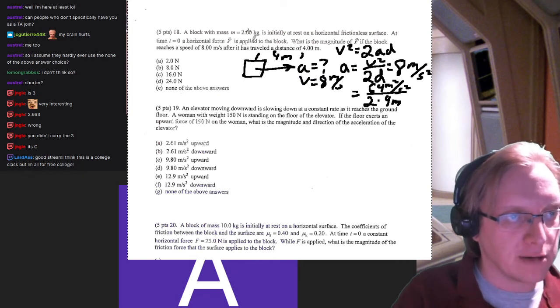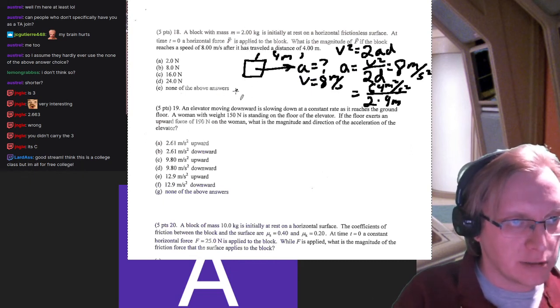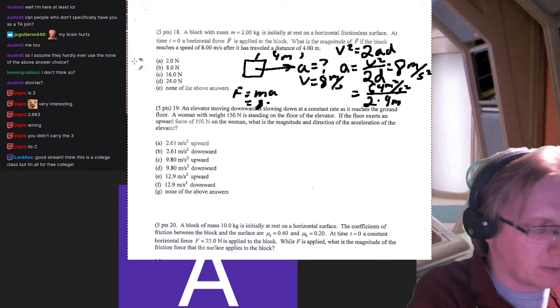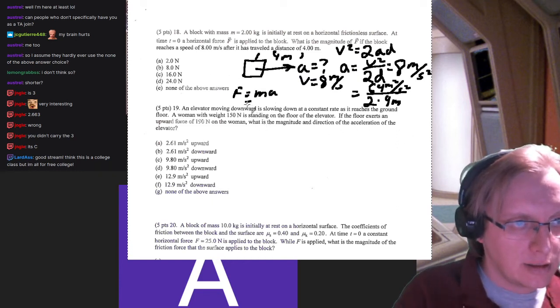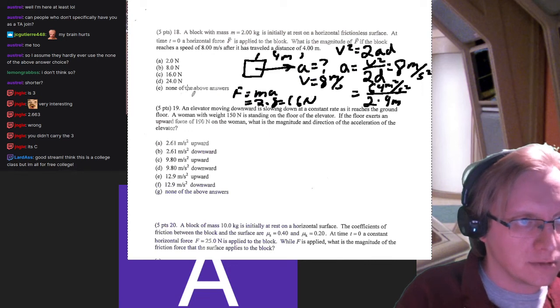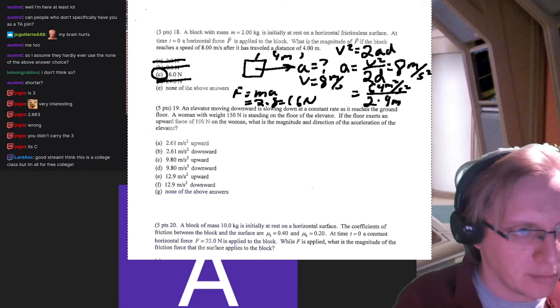So now we have an acceleration and a mass, so force is equal to ma, which is 2 times 8, equal to 16 newtons. There's our 16. Nice round number.